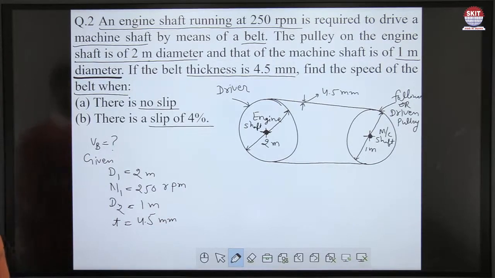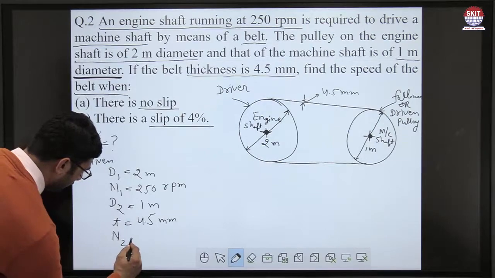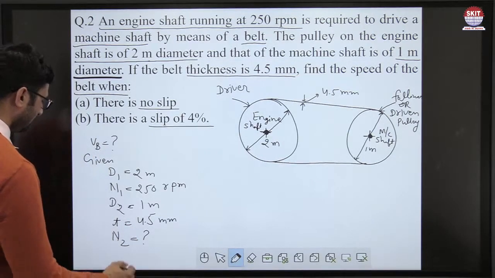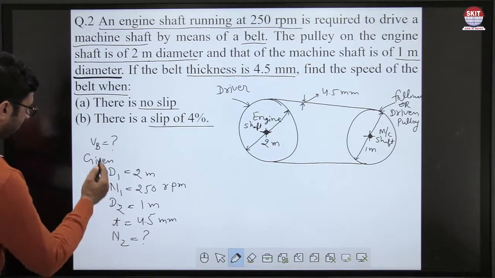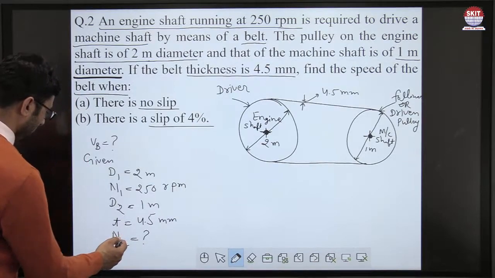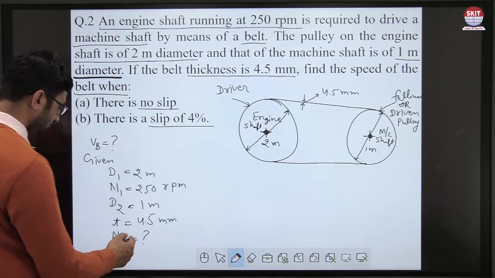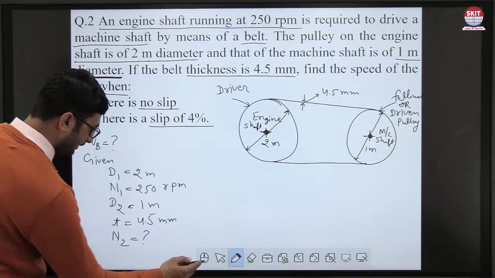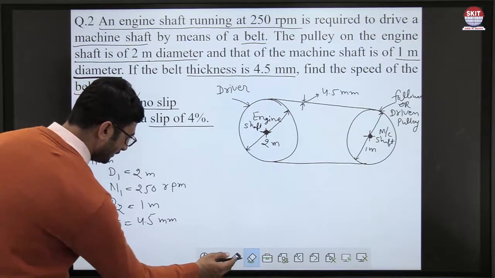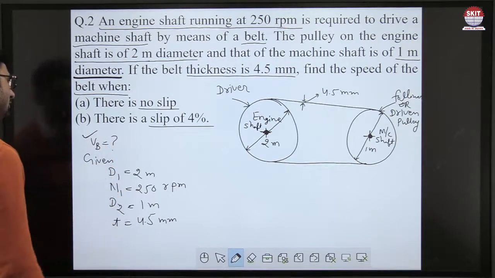We have to find out the speed N2, and we find out the speed of the belt, which is equal to VB.